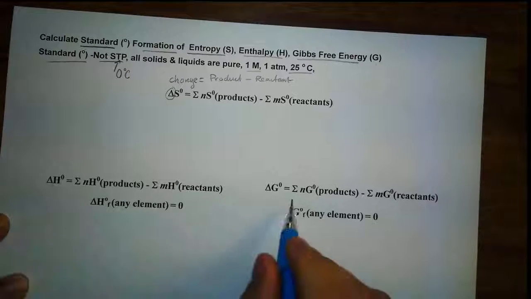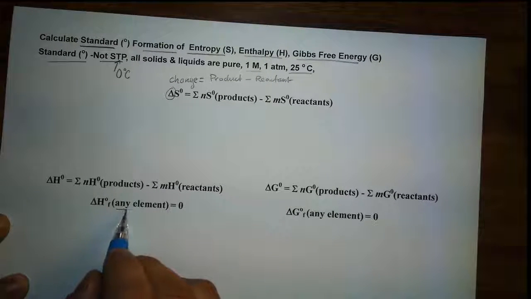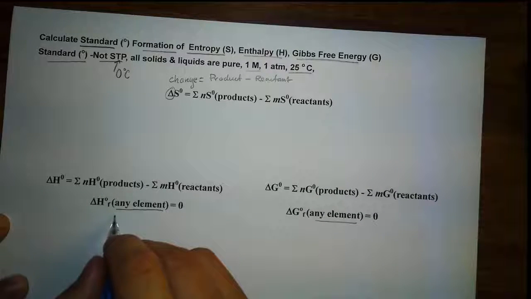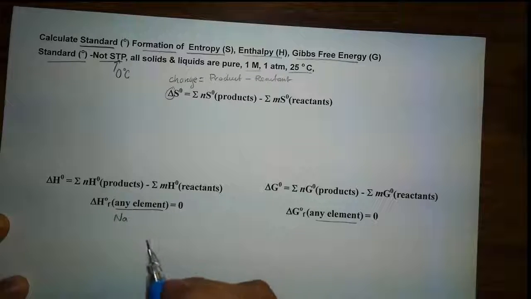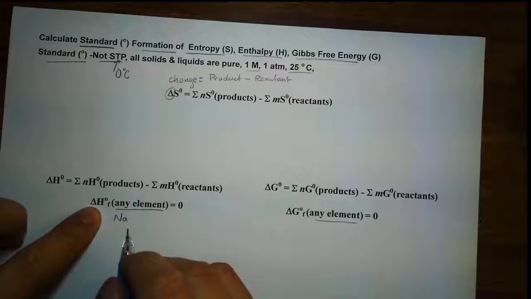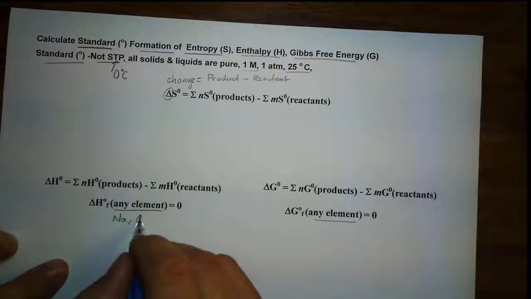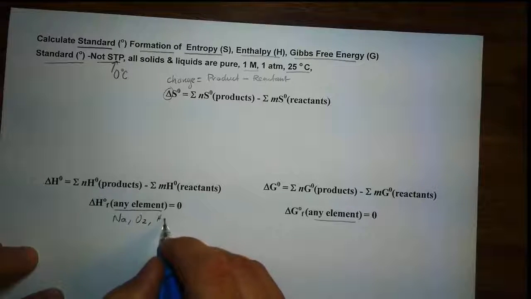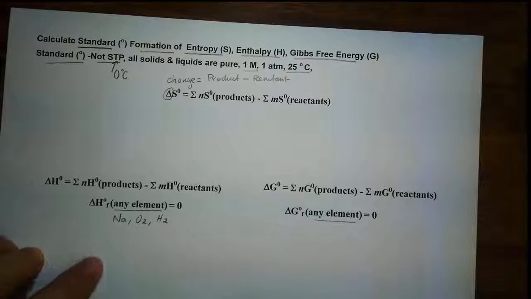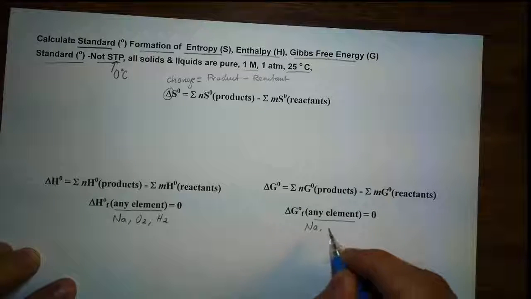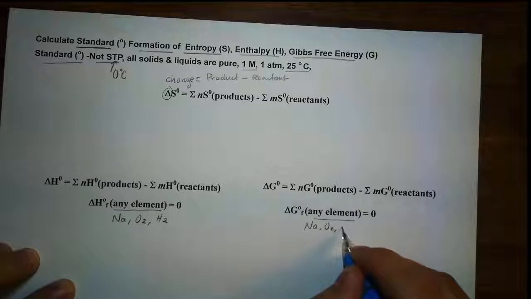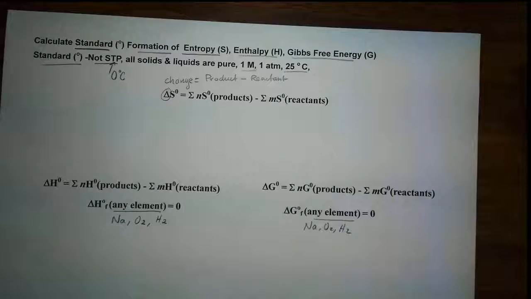For delta H and delta G, for any pure element, for instance sodium in its metal form, the delta H formation for Na would be 0, or O2 would be 0, or hydrogen is a common one, okay? So those delta G or delta H formation values would be equal to 0. And sometimes they are not given to us, so we have to know that they equal 0.